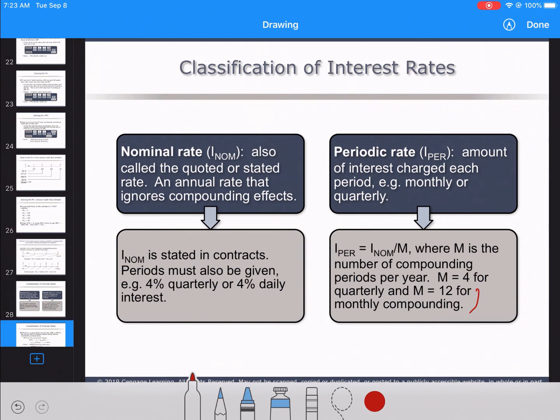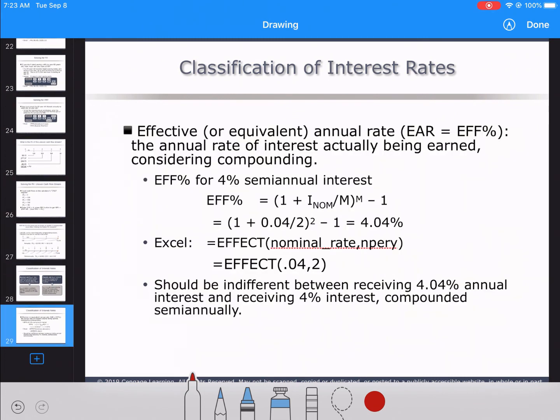All right, so this is the equation that is the way you change the nominal rate. Nominal rate is converted to effective rate, and so if it is compounding twice, then you divide by 2 and raise to the power 2.